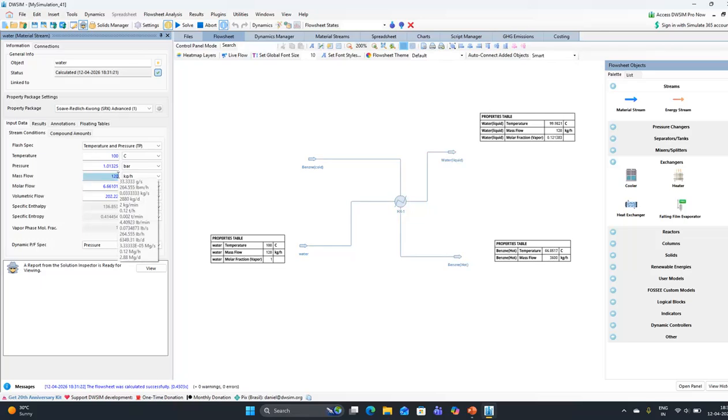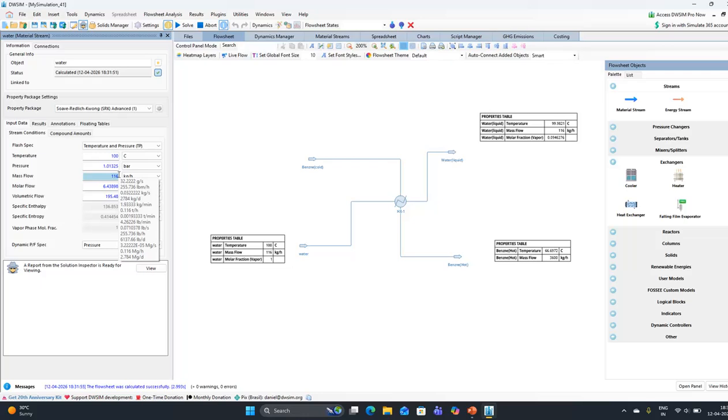So from here you just observe how the amount of vapor changes. Now the amount of vapor starts increasing, and at 113 you see the amount of vapor is very much less in the mole fraction of water liquid. So I will make it 115. Now you see vapor has come very close to zero.